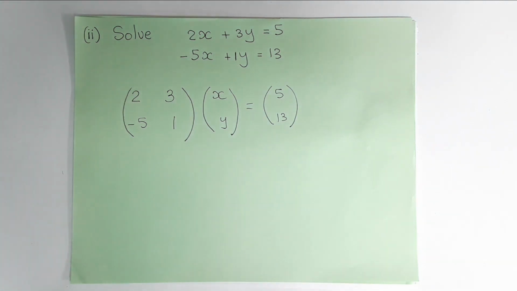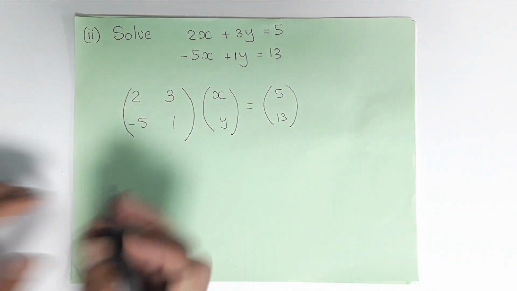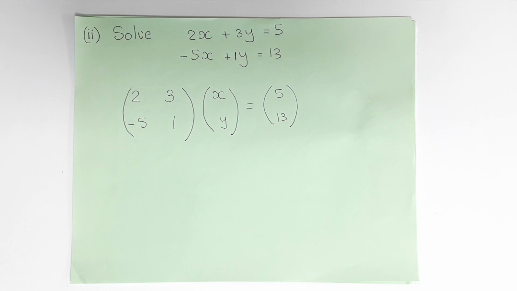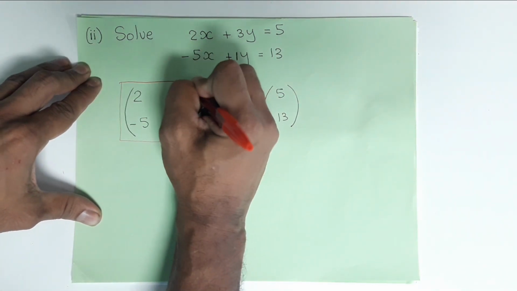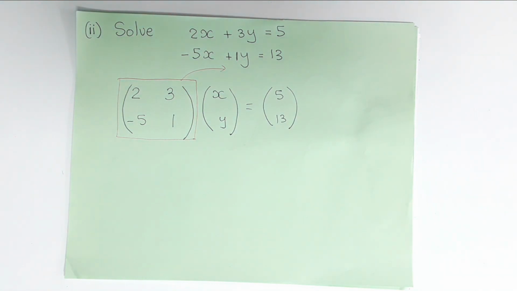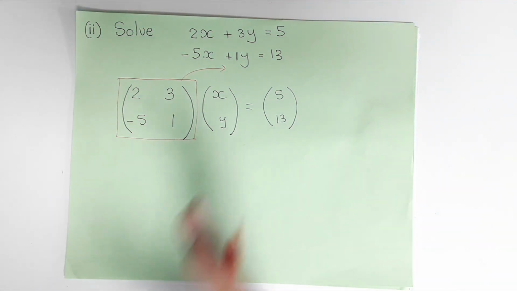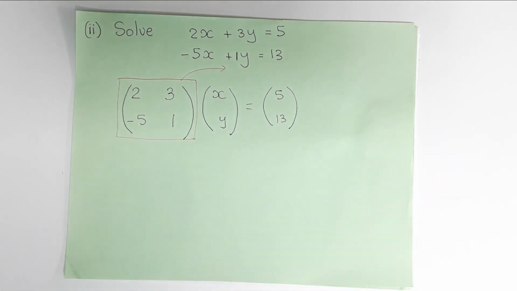That's the purpose of a simultaneous equation. So that means you are going to have to take this matrix and throw it across to the other side. Now the thing about it, whenever you take a matrix and throw it across to the other side, you are going to get the opposite of that matrix. It's really simple. It's just like algebra.